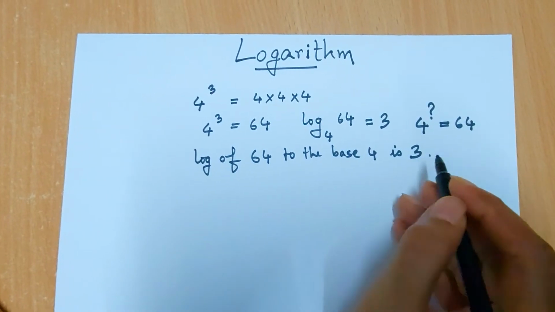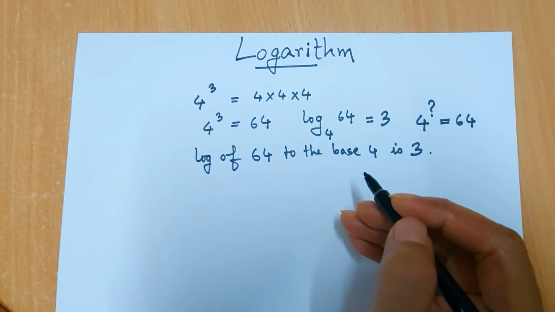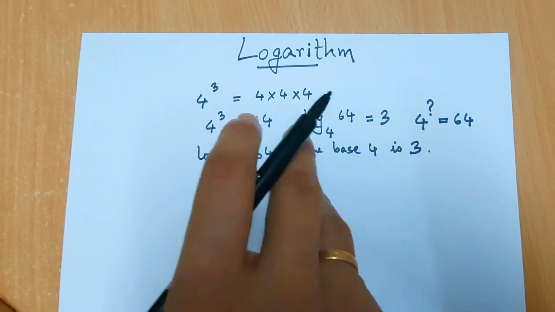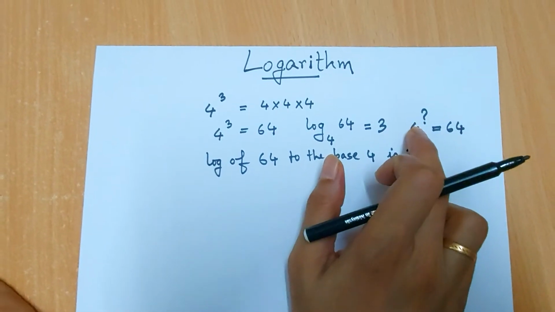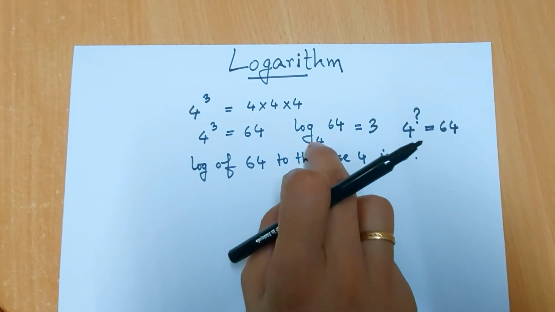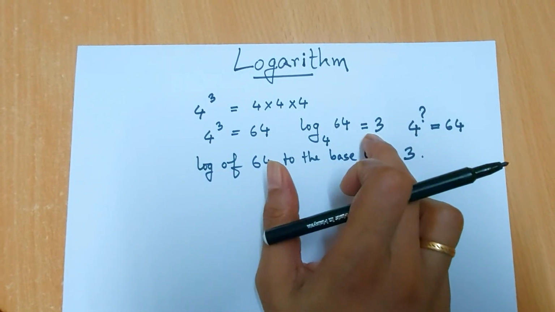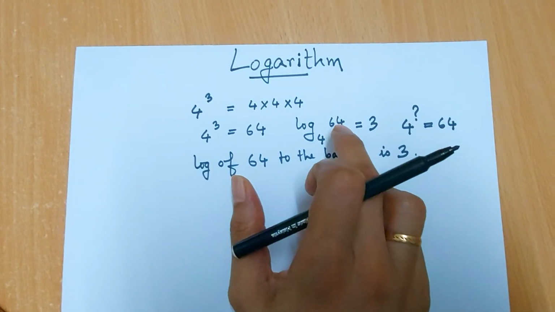So after this discussion, we understood that log is an expression that tells us the given base raised to which power to get the given number. That means 4 raised to which power to get the given number, that is 64.